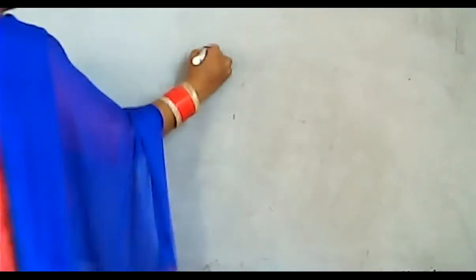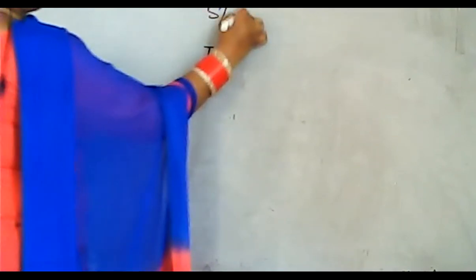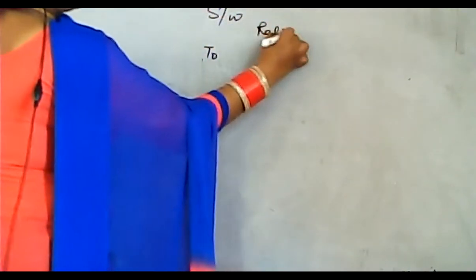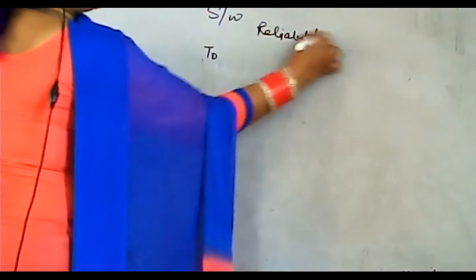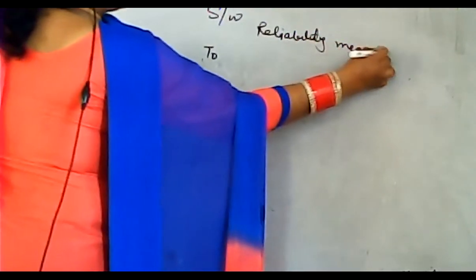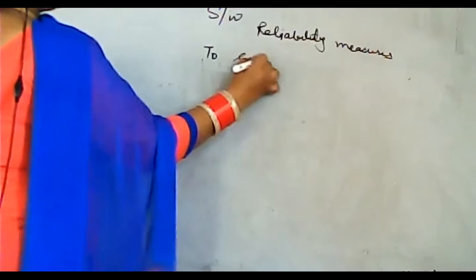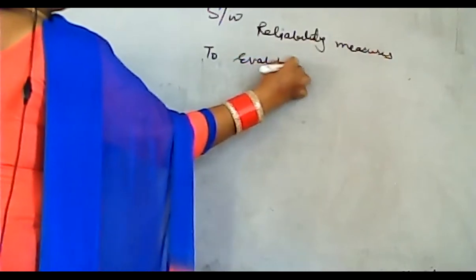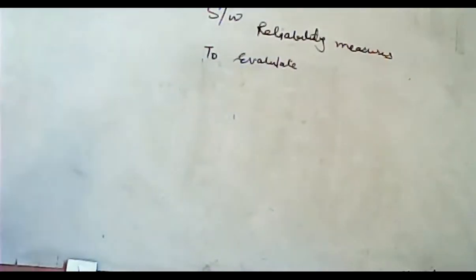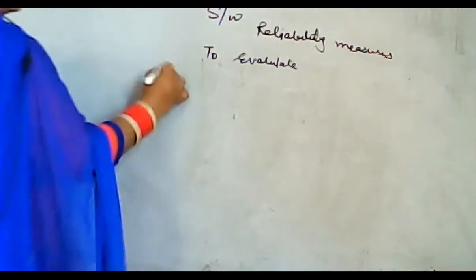So basically, software reliability measures are used to evaluate engineering technology quantitatively.